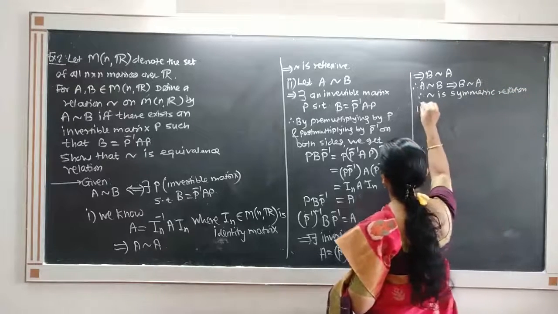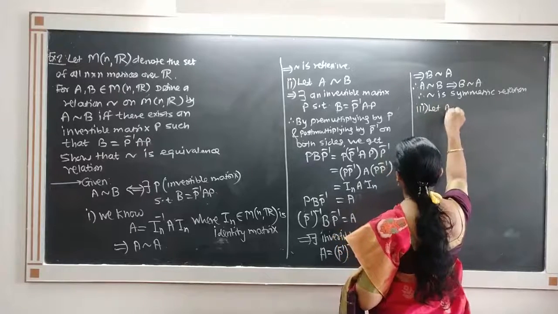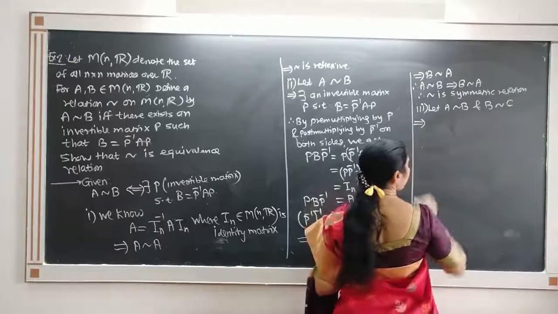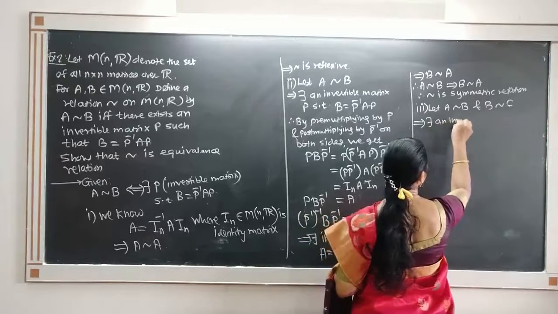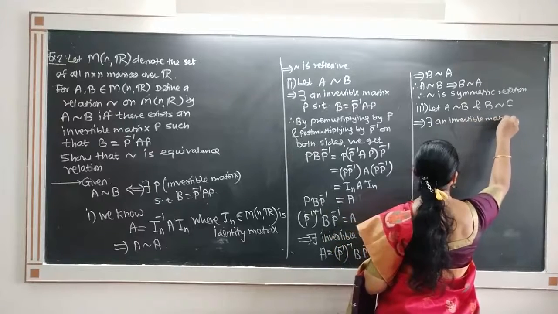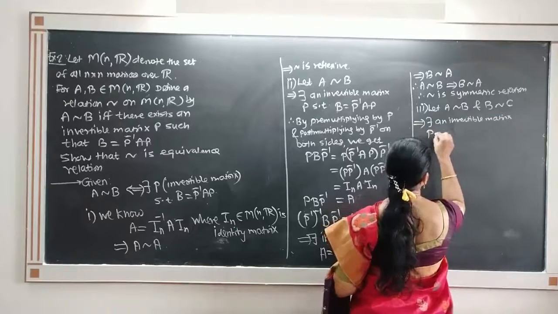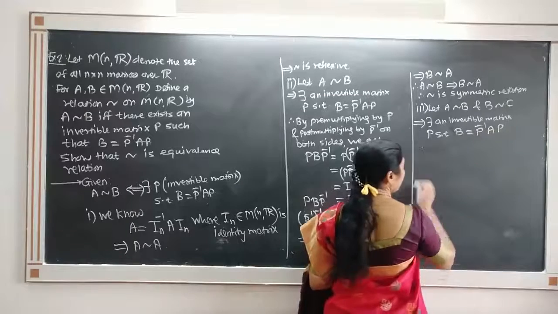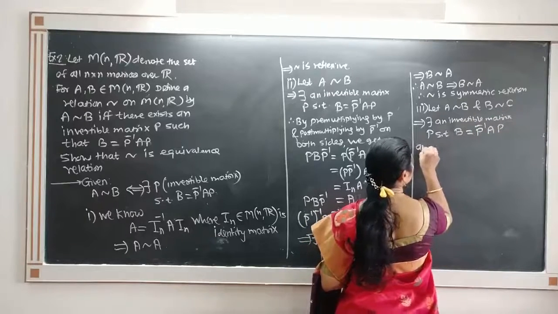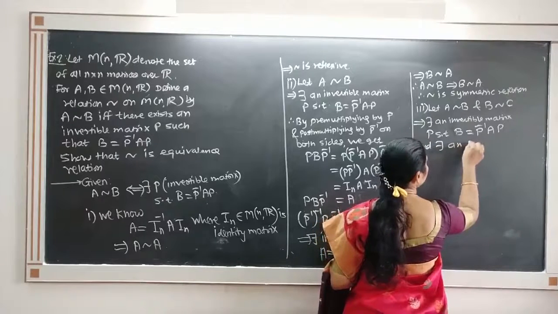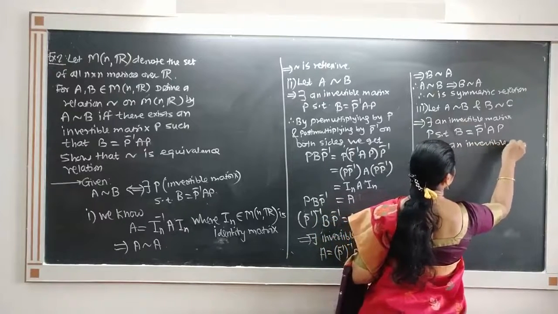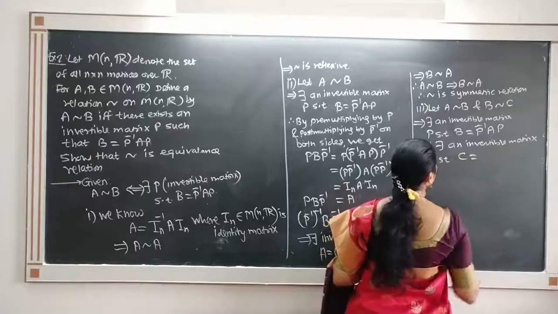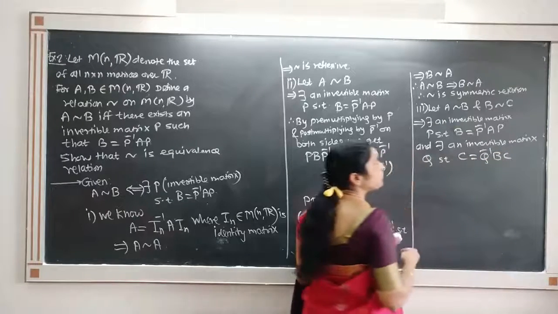Now consider the third. Check whether it is transitive. So start with A is related to B and B is related to C. A is related to B implies that there exists an invertible matrix, say P, such that B is equal to P inverse AP, and because B is related to C, this implies that there exists an invertible matrix Q such that C is equal to Q inverse BQ by definition given.